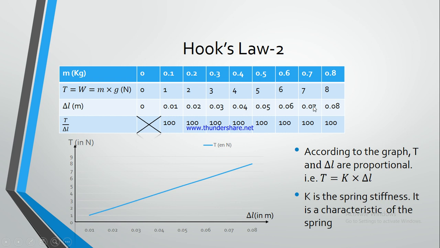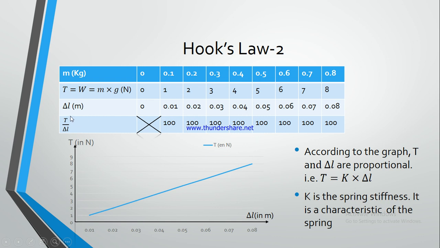So we have measured it, and we will compute the ratio of T over delta L. For 0 it's indefinite, so for other values we have 1 over 0.01, which is 100, and for all the measurements the ratio is 100.